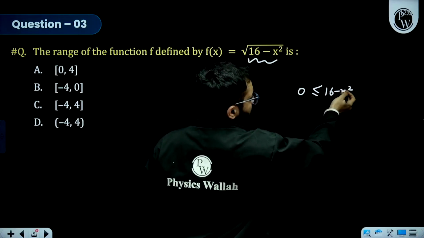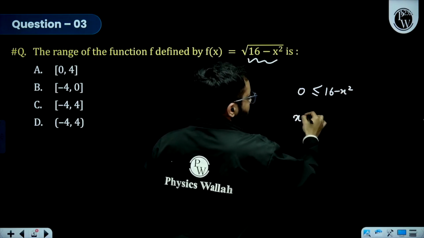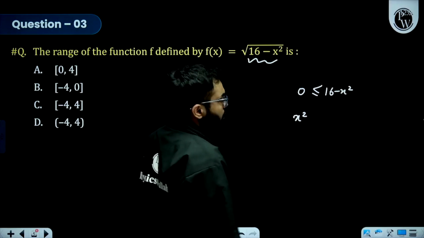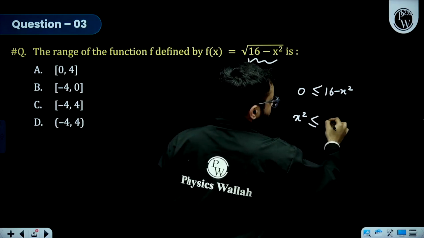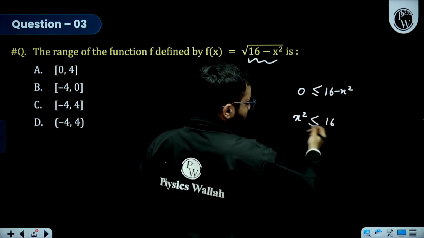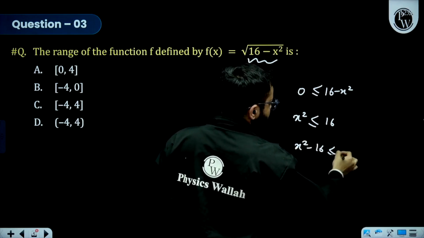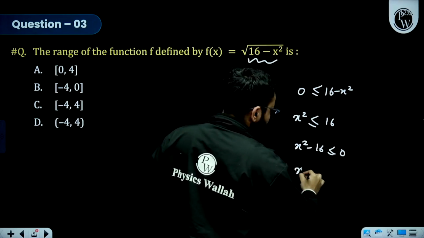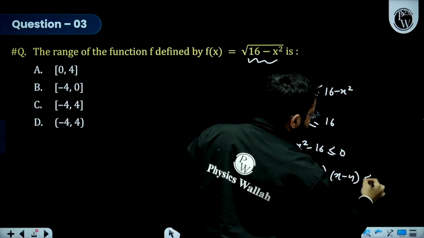If we add x square to both sides, x square being a positive term won't affect the inequality, and x square will be less than or equal to 16. From here, x square minus 16 is less than or equal to 0, which comes out to be x plus 4 into x minus 4 less than or equal to 0.